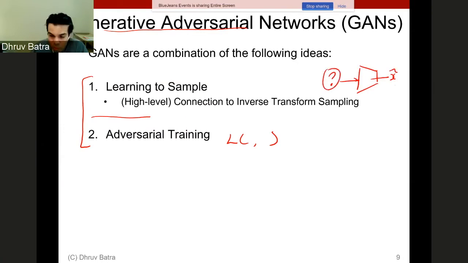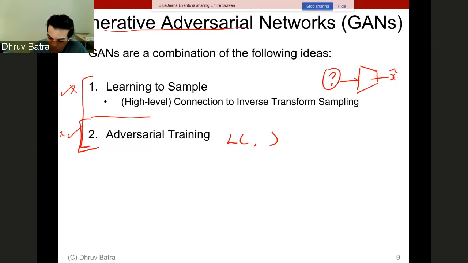Those two ideas are independently useful, meaning that you will find in some papers that they use adversarial training but not learning to sample, and in other papers they use learning to sample but not adversarial training. In the majority of papers, including the original GAN paper and the follow-up, both ideas are used, but you should be aware that these are two completely detached ideas, and you could use one and not the other.